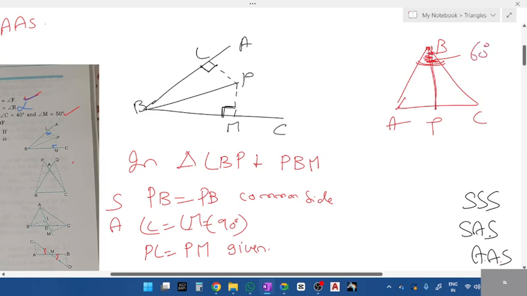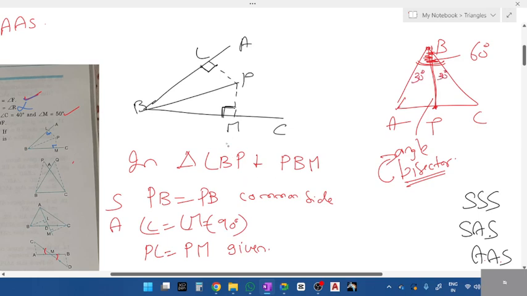If I draw a line PB, I name it as angle bisector. What do you mean by bisector? It splits into two parts. It splits what into two parts? Angle. So which line is splitting the angle into two parts? Line BP is splitting angle B into two parts. So each angle will be 30.